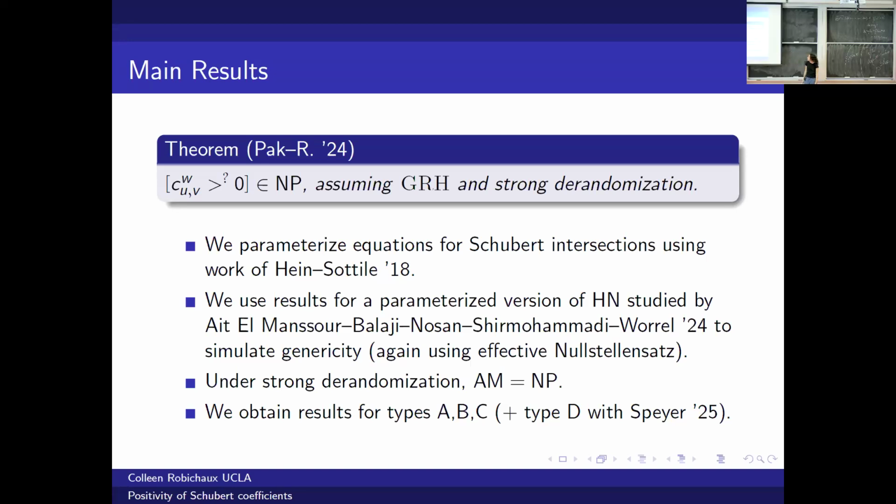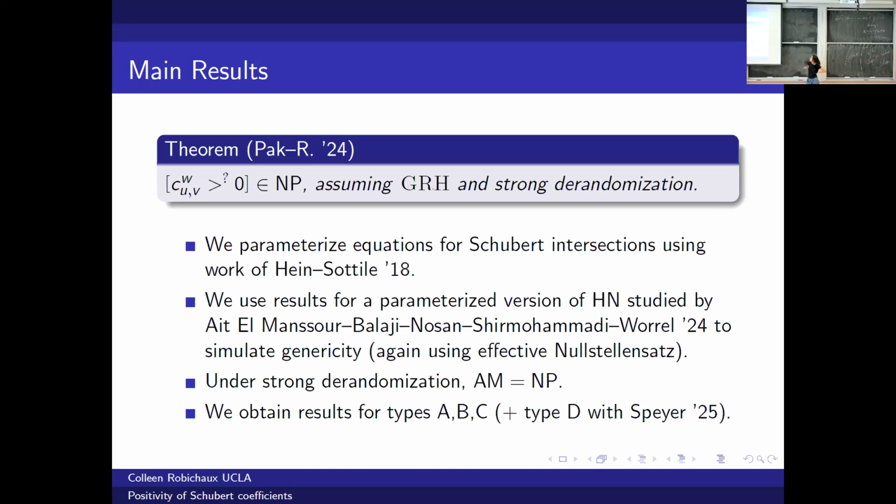So we need GRH again, and we need this thing called strong derandomization, which tells us that these classes are actually the same. So this is widely believed to be true, but this is a substantial strengthening of P does not equal NP. So this is a strengthening of P equals NP. This is a strengthening of BPP equals P. And then we're all the way out here. Okay, so this is a weighty assumption, but it is an assumption that many believe to be true.